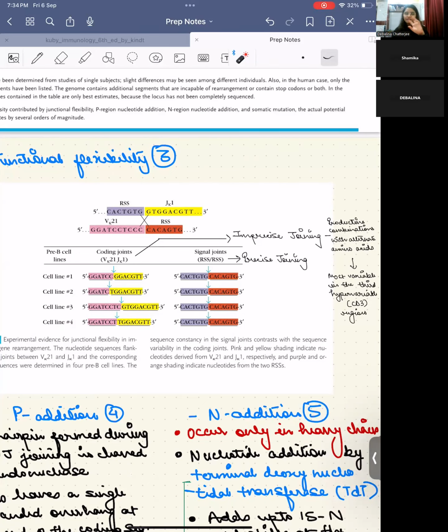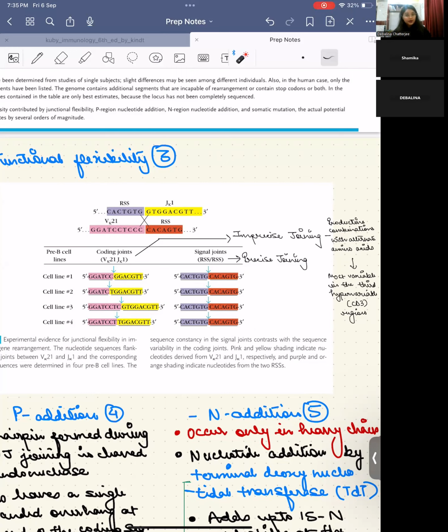But we also have the possibility of insertional recombination where the signal joints are retained. Even if they are retained, the joining is more precise, which means that there is no gap formed in between, or nucleotides added. Whatever is the expected sequence, we get the precise joining for your signal joints.